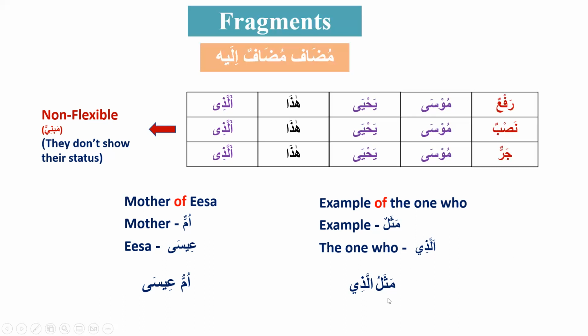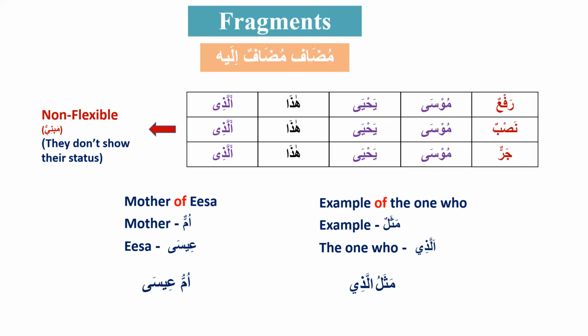So mathalu is light. There is no al with it. And alladhi is in jar status. I can say that it is in jar status because I have a word before it which has all the indications of mudaf. So I can now say this is mudaf ilayh and it is in jar status. So here you see a word is used as mudaf ilayh and it is non-flexible.